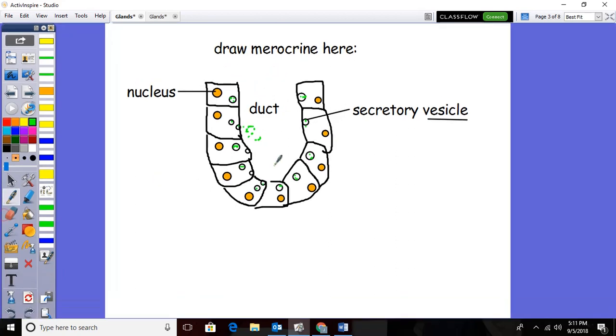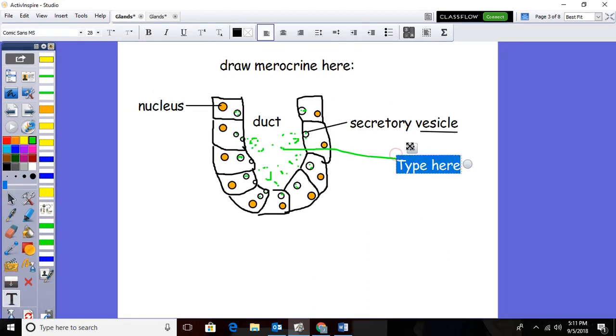I want you to notice what's getting put in that duct. What's getting put in that duct is all this green stuff, and I want to show you what the green stuff represents. That green stuff is your secretory product, which is either saliva or sweat.